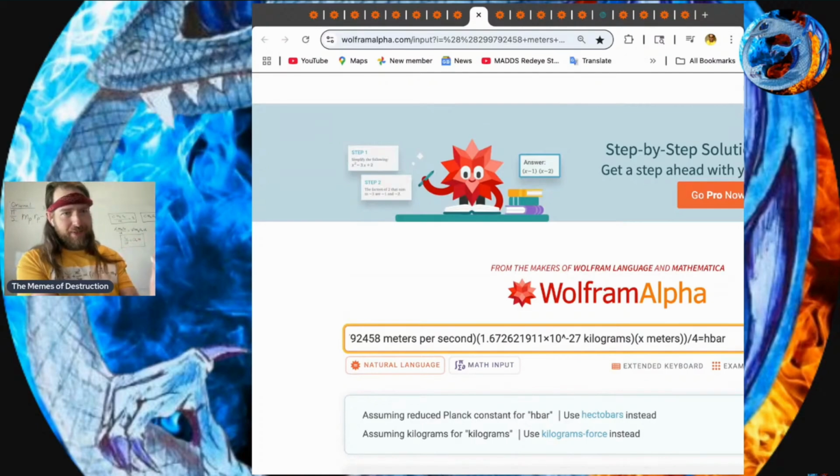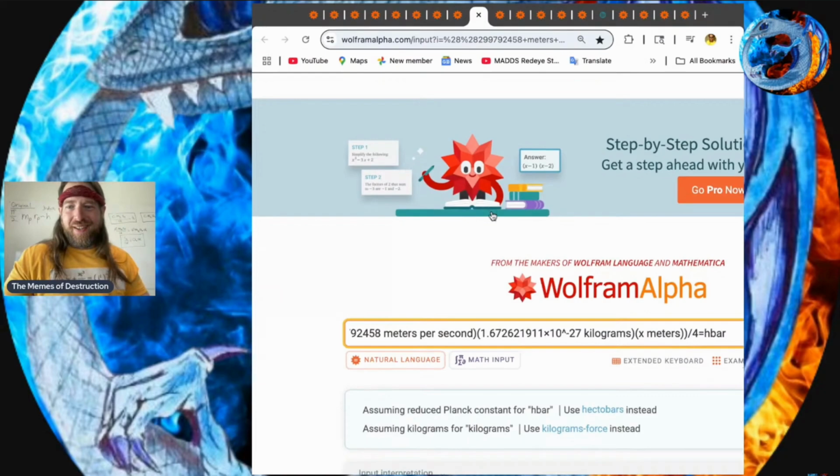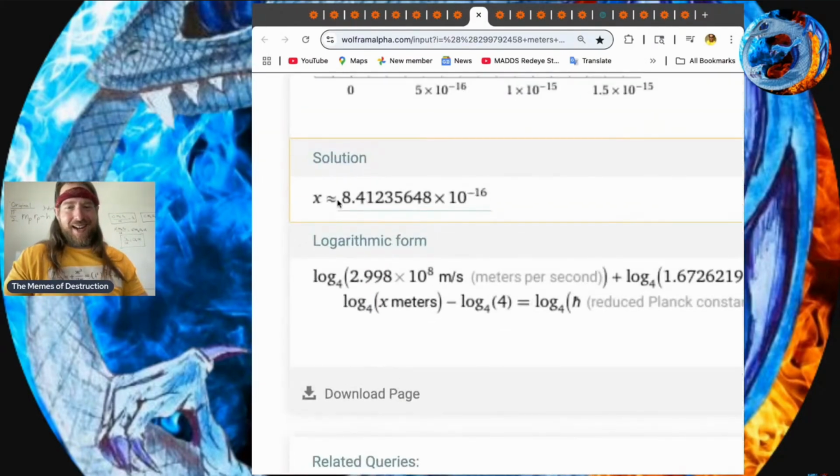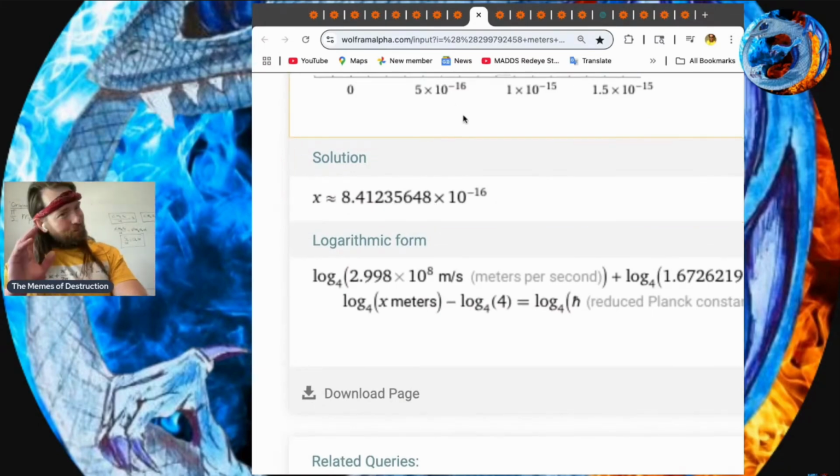So we have mass, we have length squared, which will literally give us an area, and then divided by a time, which will give us a mass area rate, aka the units of action. Okay, so when we do that, we get this number out here, that 8.4123, yada, yada, yada.